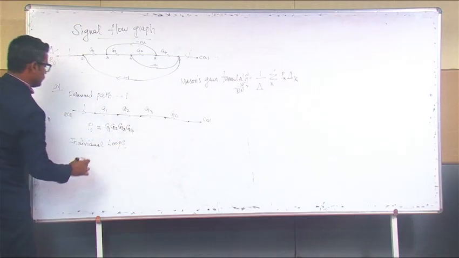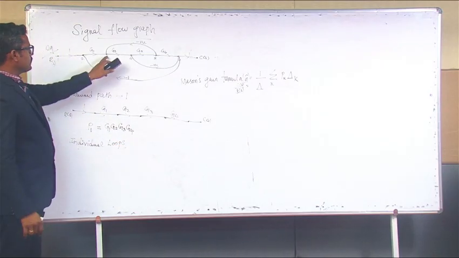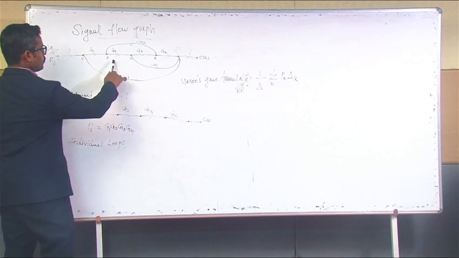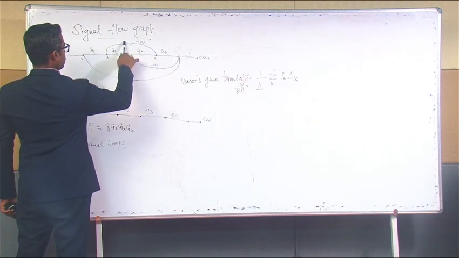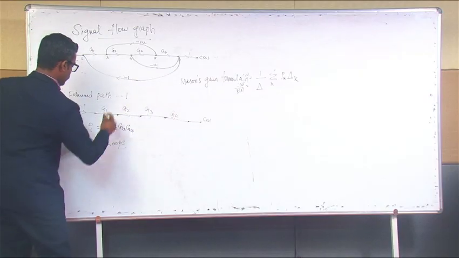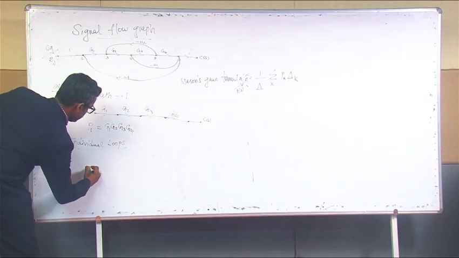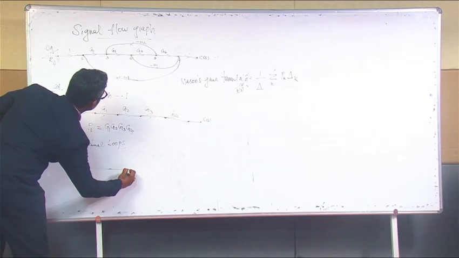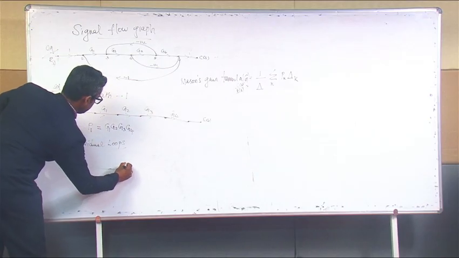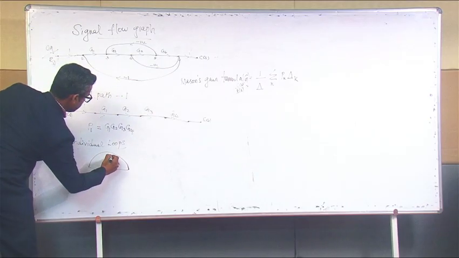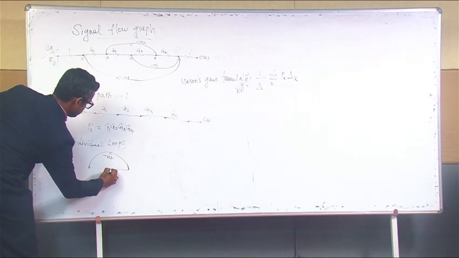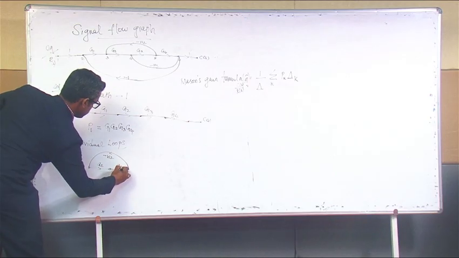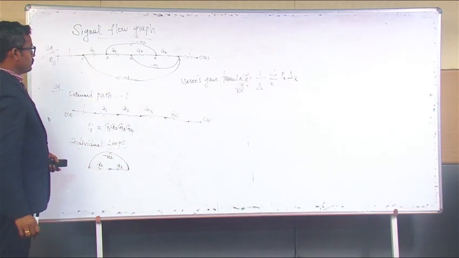First, we have to consider the number of individual loops present in this signal flow graph. One individual loop is this one, coming back through H2. If you take that one, you will get G2, G3 and again it is getting back, minus H2. So the loop is G2, G3 minus H2.